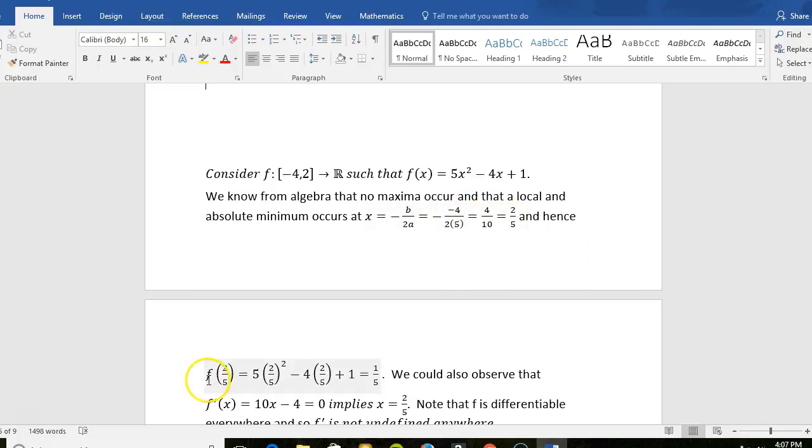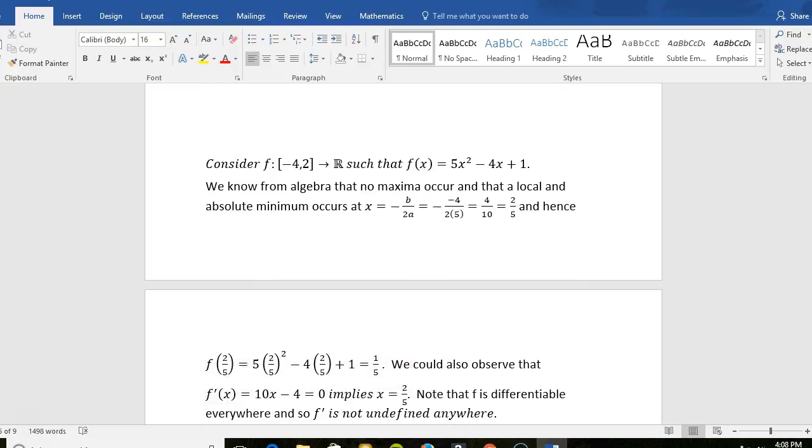That's the x-coordinate of our vertex, and the y-coordinate is going to be f of 2/5. Plugging 2/5 in, I wind up getting 1/5. So my Cartesian coordinate is 2/5, 1/5.